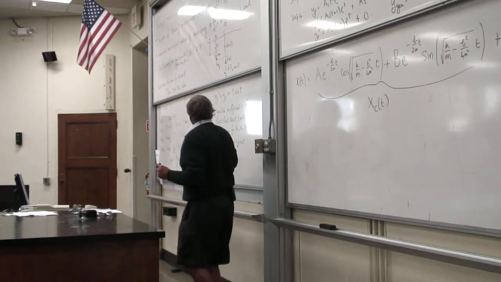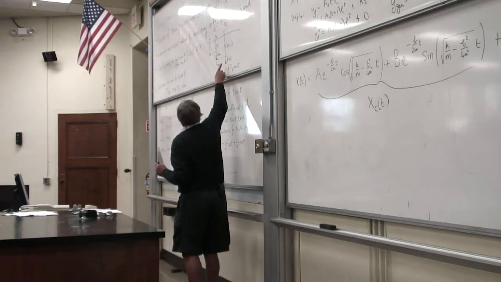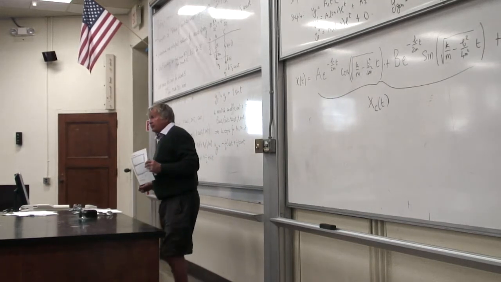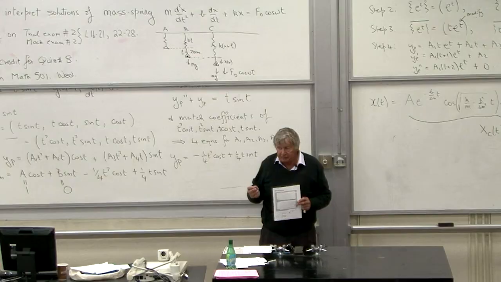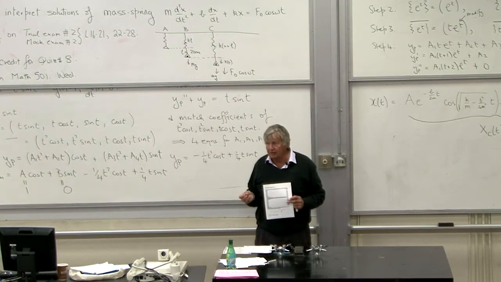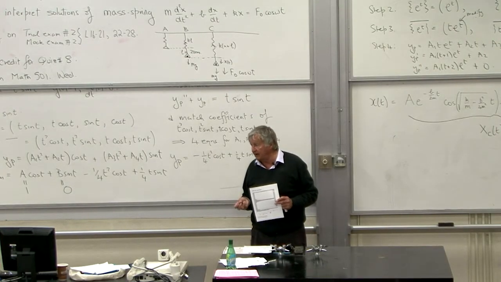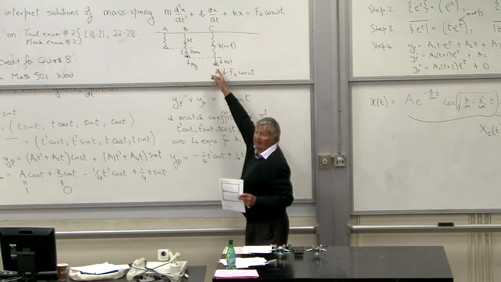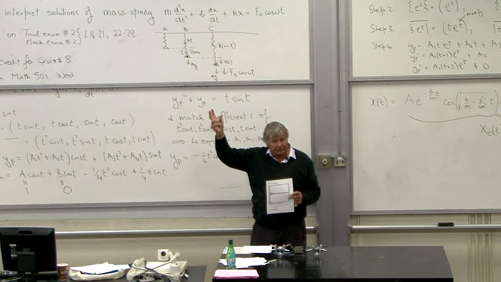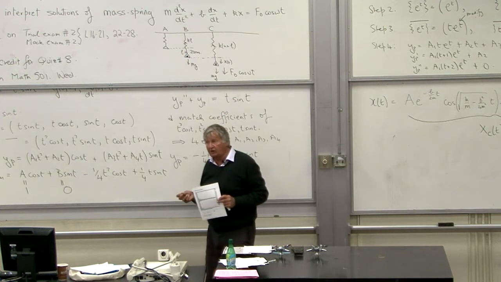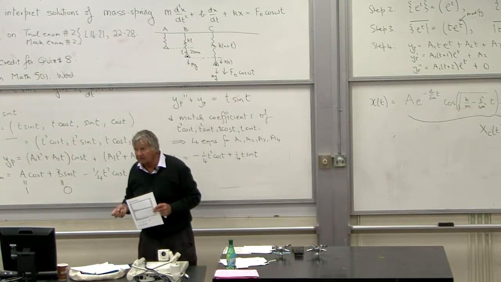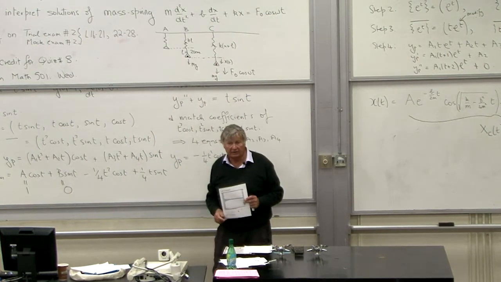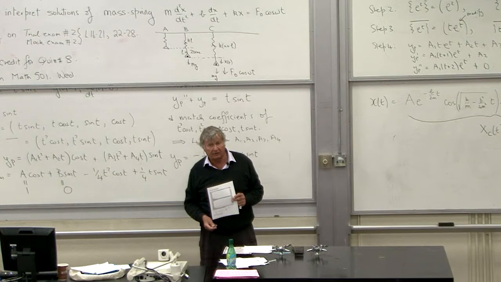In question number 4, we pull the pan down 4 centimeters, and we always have to use consistent units, so that's 1 over 25 in meters. We pull it down and let it go from rest. So v of 0 would be 0, and x of 0 would be 1 over 25 in meters in this particular question.